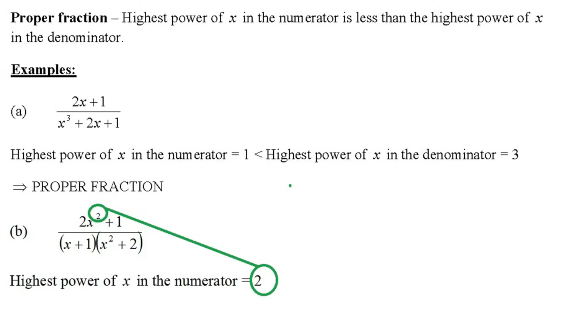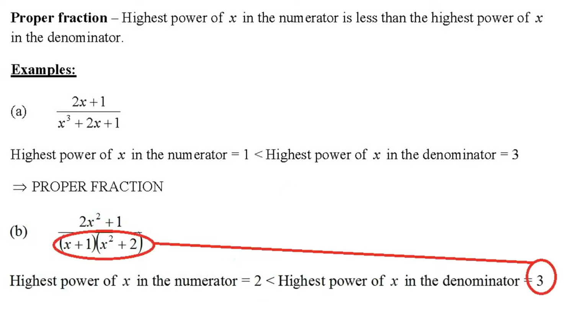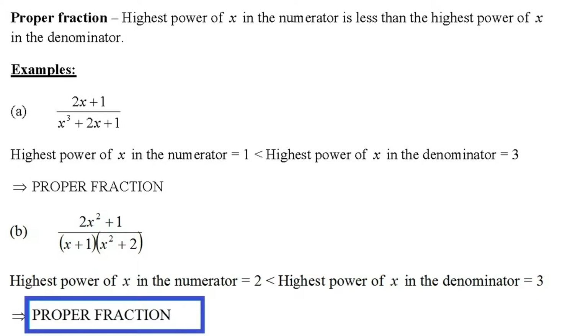So the cubic term is our largest term in the denominator as a result of multiplication, and as a consequence the highest power of x in the denominator will be 3. As you can see, the highest power of x in the numerator, which is 2, is less than the highest power of x in the denominator, which is 3. So once again you have a proper fraction.